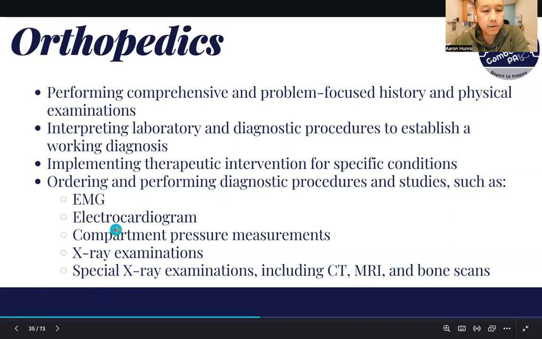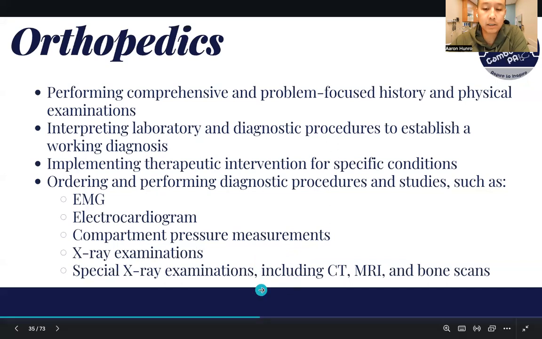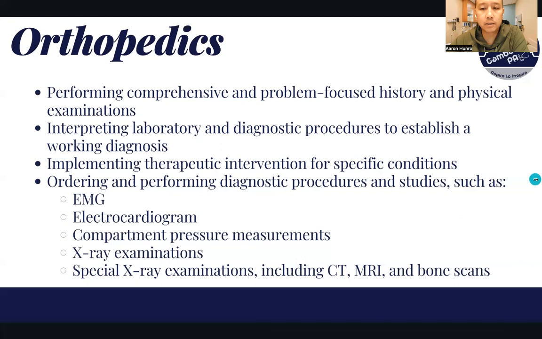So we can do an electrocardiogram or EMG and nerve conduction study just to check for any carpal tunnel or cubital tunnel issues, compartment pressure measurements for compartment syndrome, order x-rays, take a look at x-rays, different types of x-rays, and scans, including CTs, MRIs, and ultrasound and bone scans. All right.